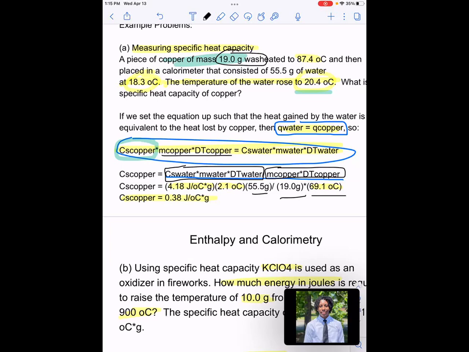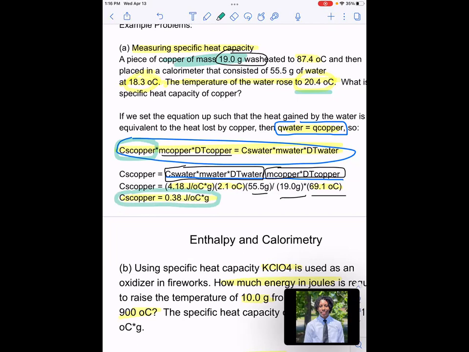So T final is going to be 18.3 and T initial is going to be 87.4, right? So that way you get the temperature change here, and it's just 69.1 degrees.